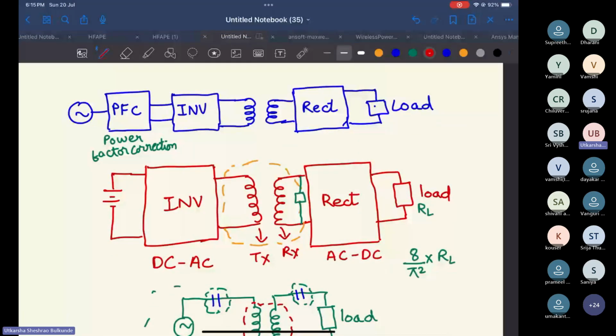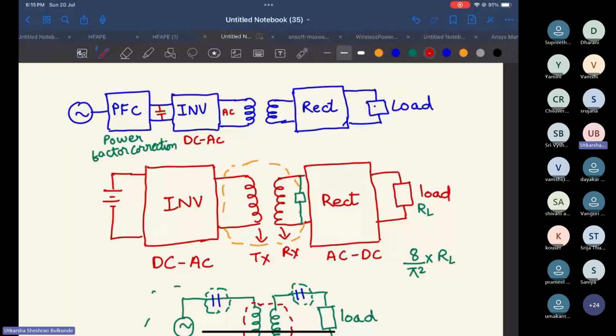What does your inverter do? The output of this PFC is DC, right? For wireless power transfer, what do we need? High frequency AC we need, right? So this inverter converts DC to AC. So the output of this inverter will be AC, right?